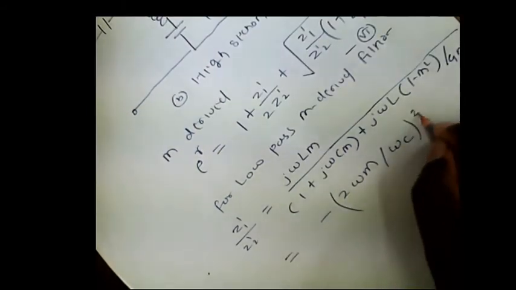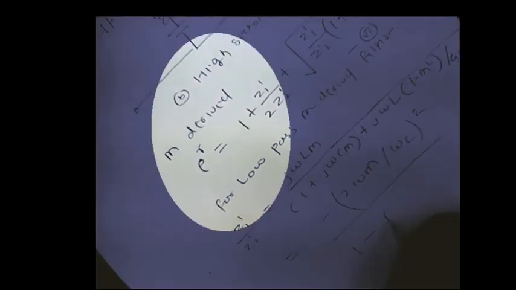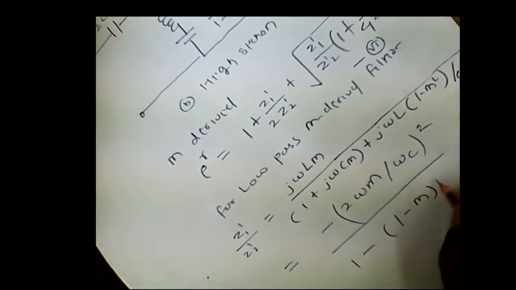After solving, we get 1 minus the ratio of omega to omega c, whole bracket square. So this is equation number 7.